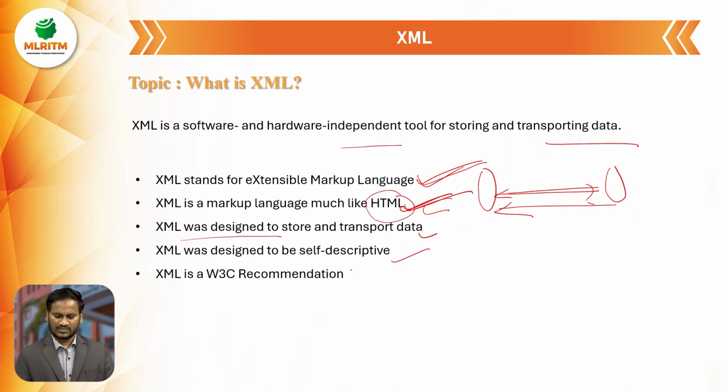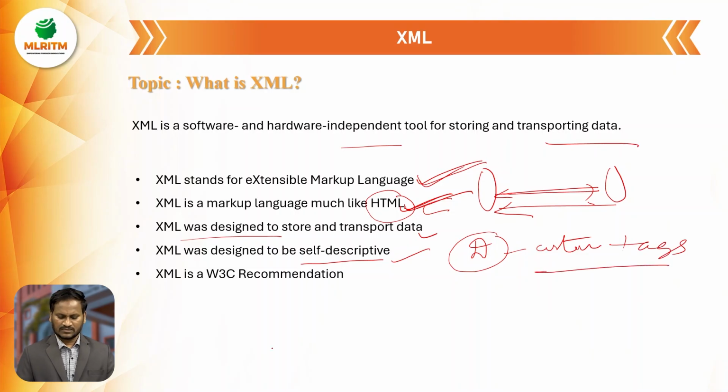What is meant by self-descriptive is that the data is embedded into one document. Here we can write custom tags, you can embed the custom tags. XML is a W3C recommendation. XML has become a widely accepted standard.